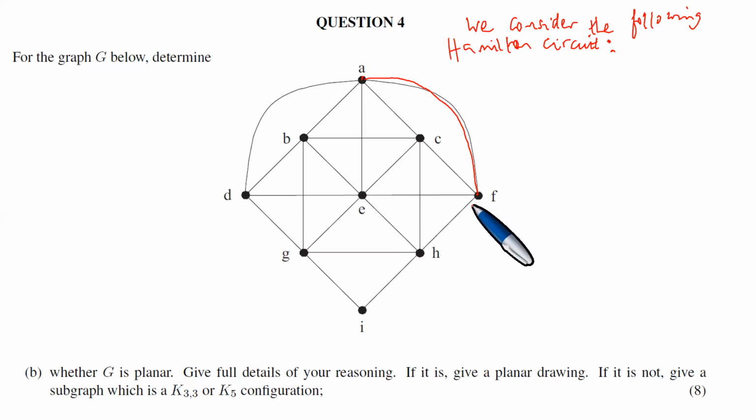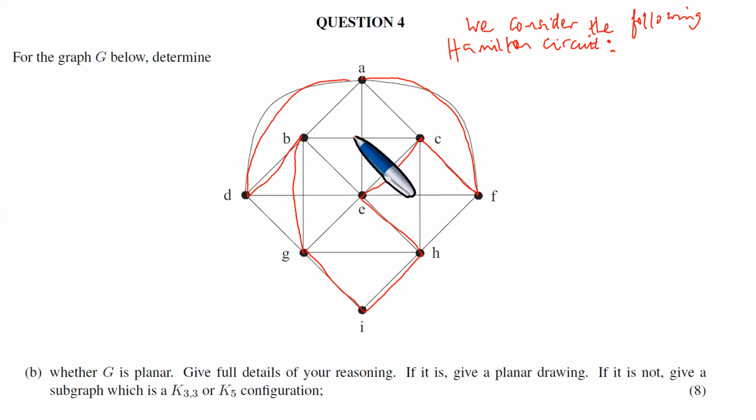Right, so you move from A to F, then you go to C. Then you go to E. After E, you go to H. After H, you go to I. After I, you go to G. After G, you go to B. After B, you go to D. After D, you go back to A. Right, so if you look at these here, no vertex has been missed.